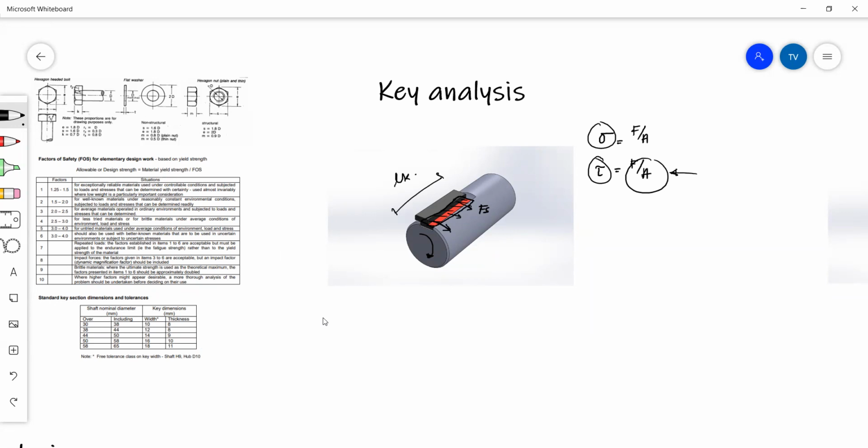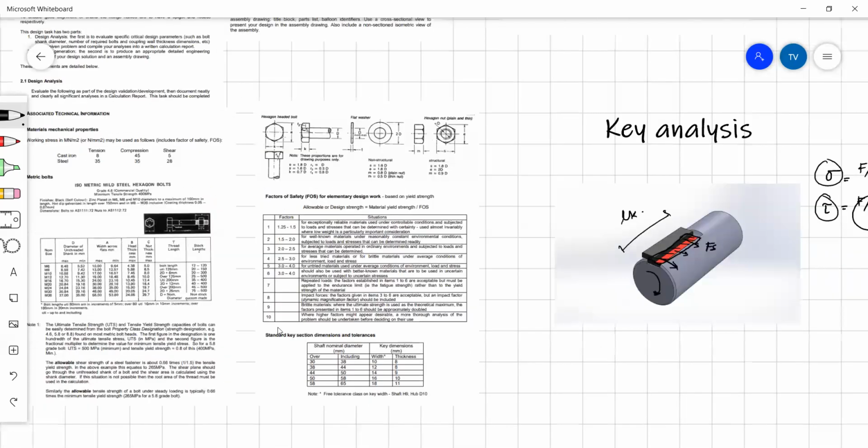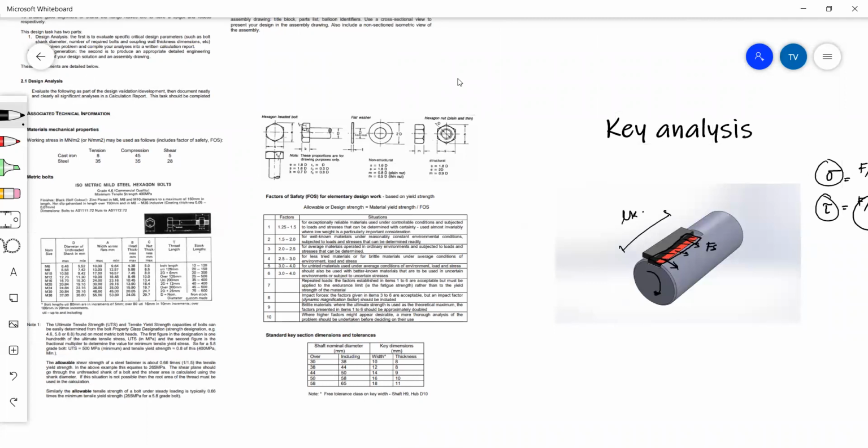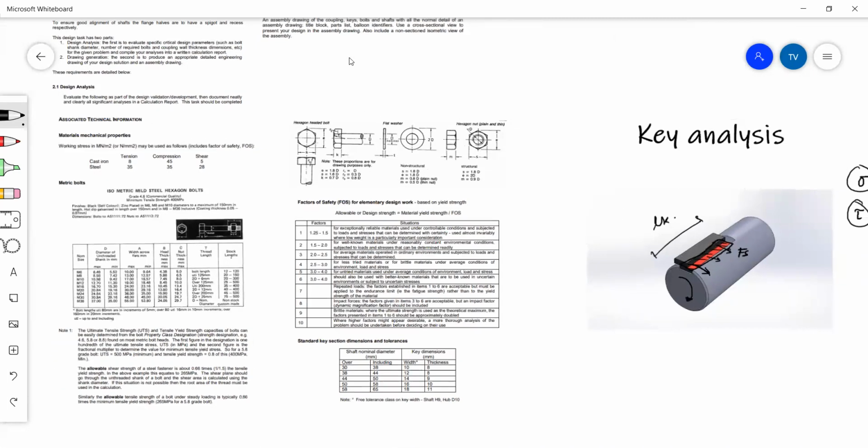So to get your shear stress, you would then decide what is the material for this key. And the question already says that the material for the key is mild steel. It has these features: 25 megapascals in tension and compression, and 28 in shear.